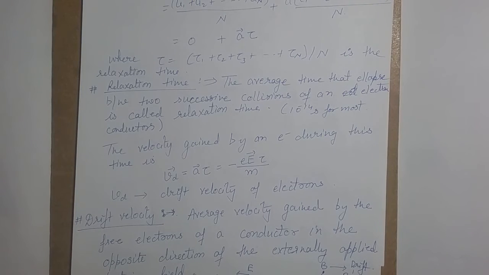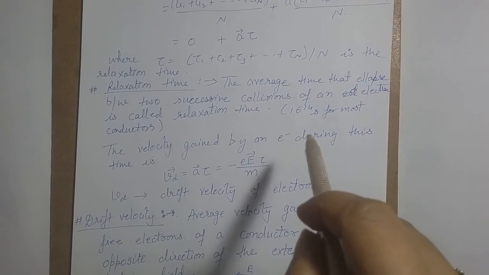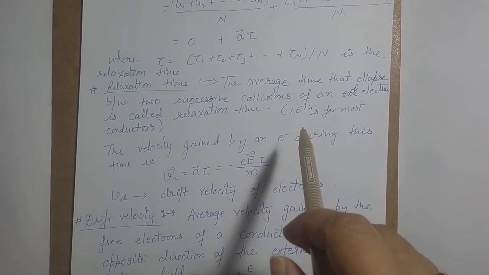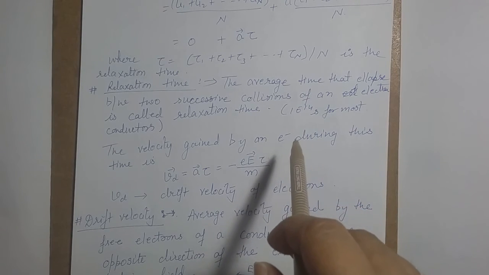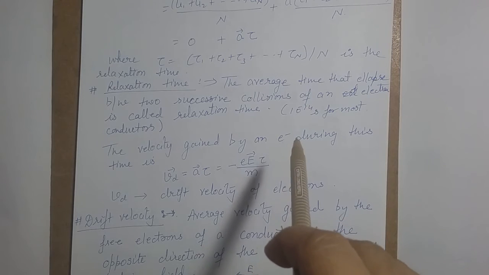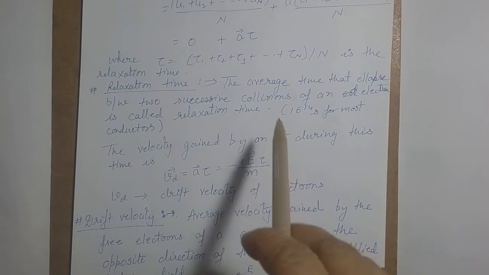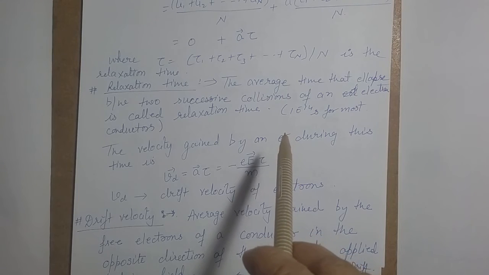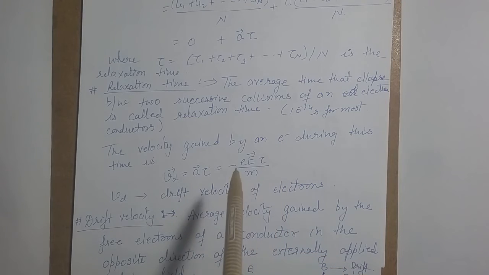So this is a very small amount of time, that is 1 upon 10 raised to power 14 second. Within this, you can see how fast the electrons are colliding in a given conductor.